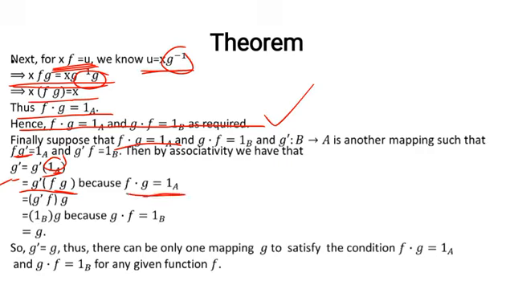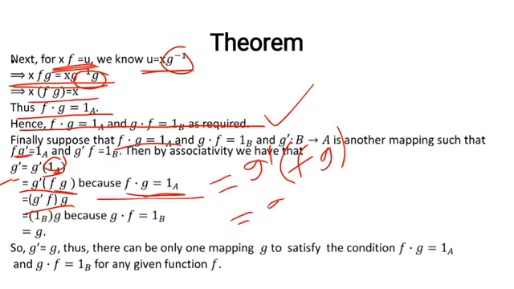Do you understand that? With that, we then do associativity. So we have G prime, FG. Associativity allows me to write G prime F, G. But you know what G prime F is: G prime F is 1.